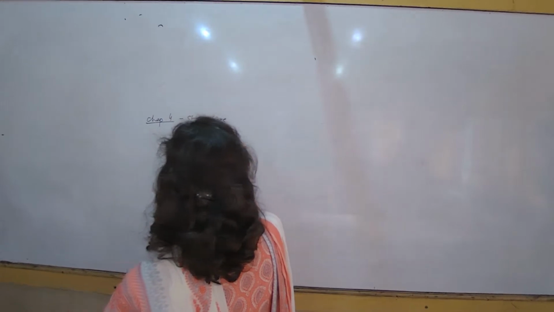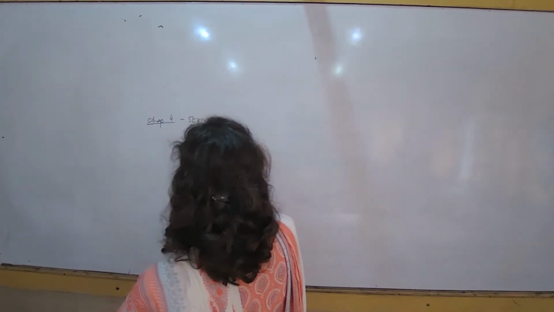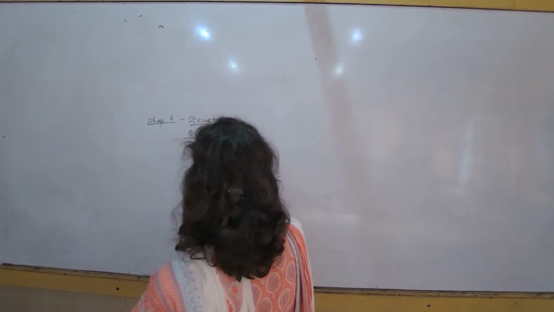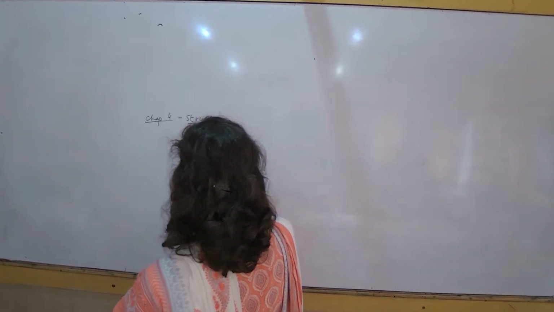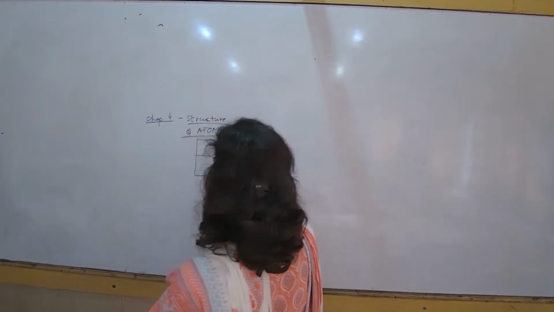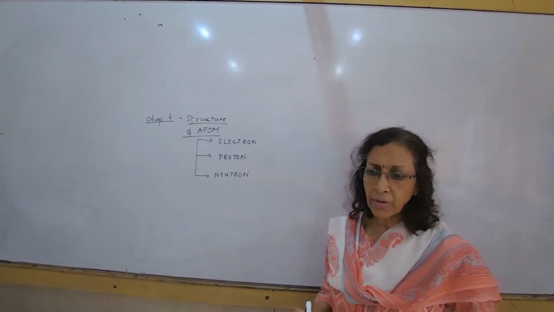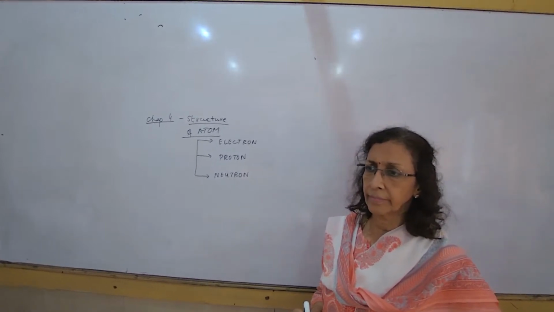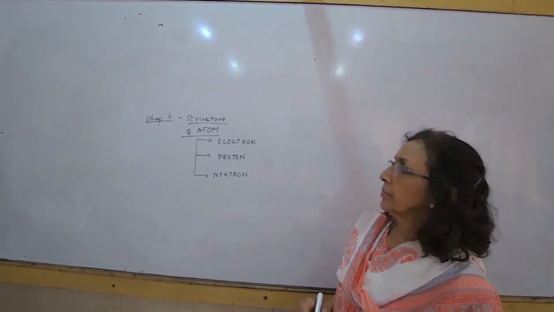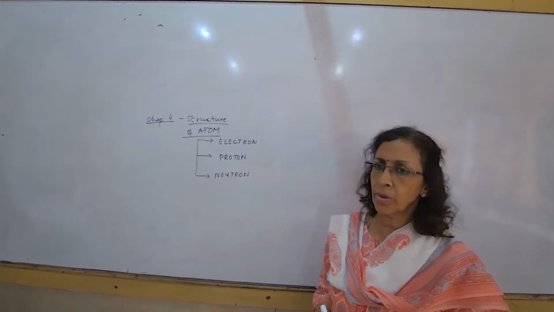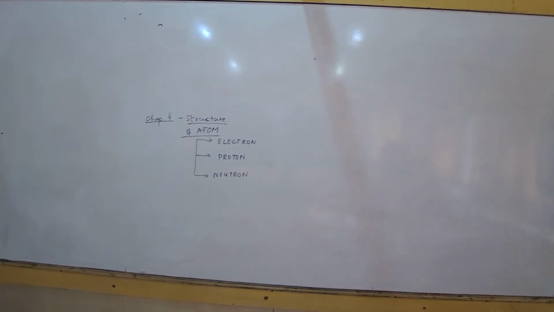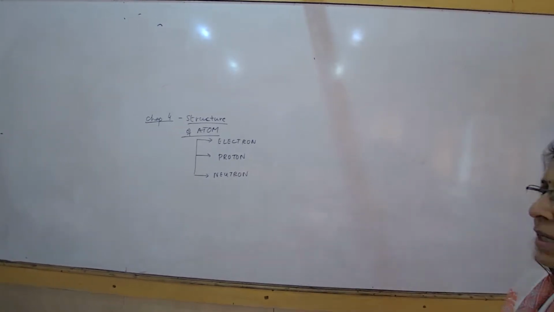Yes, electrons. So we have an electron, a proton, and a neutron. Take it down. Any atom will contain electron, proton, and neutron.